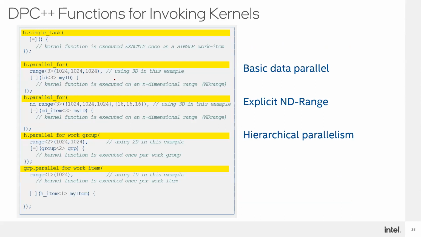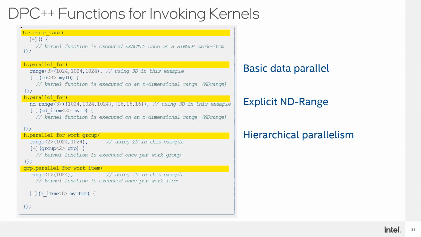Earlier I said that there are different ways to invoke the kernels. So we were focusing on this parallel_for with the range class passed as a first argument, right?